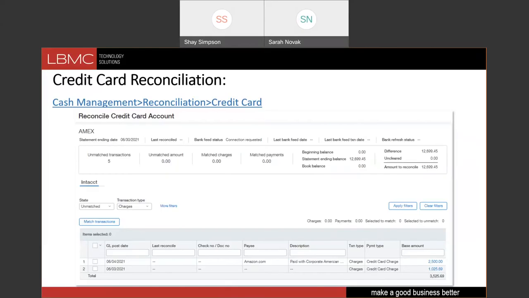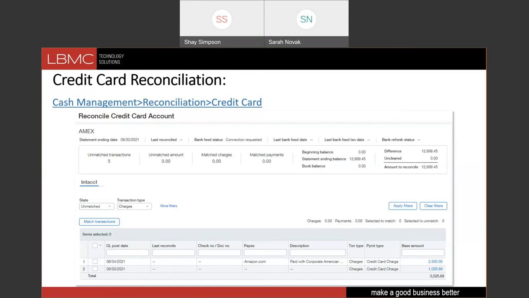Well, sometimes those fees don't necessarily come through at the exact same time as the transactions themselves. So it may require some manual matching, but for the most part, Intacct should be matching up these transactions for us as a one-to-one relationship.